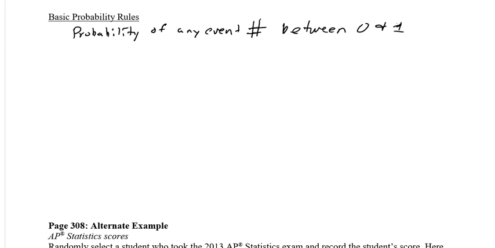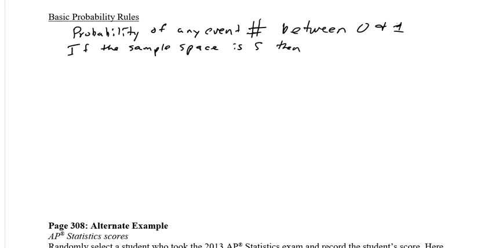Second thing is this. If the sample space is S, then the probability of S equals 1. In other words, you have to have something in the sample space.